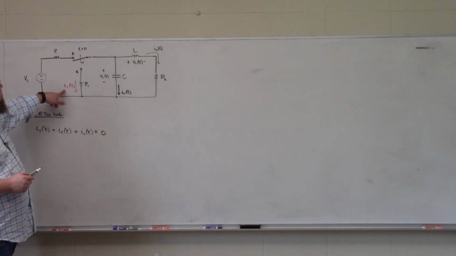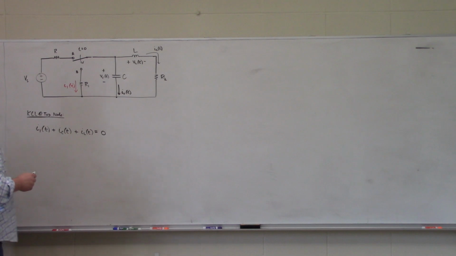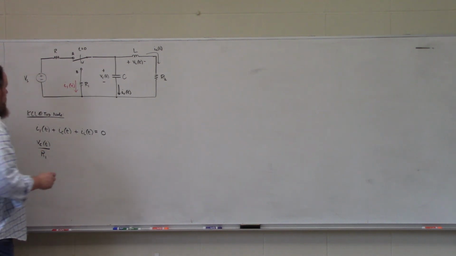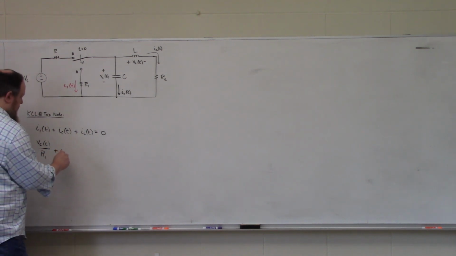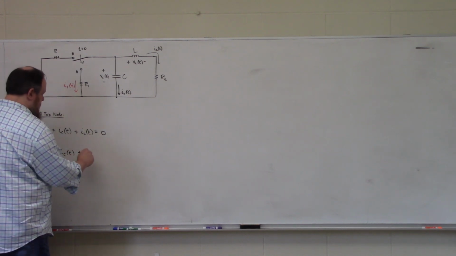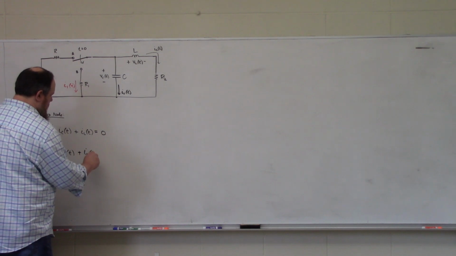I can express this current I1 as VC divided by the quantity R1. And then we'll still have IC of t and IL of t.